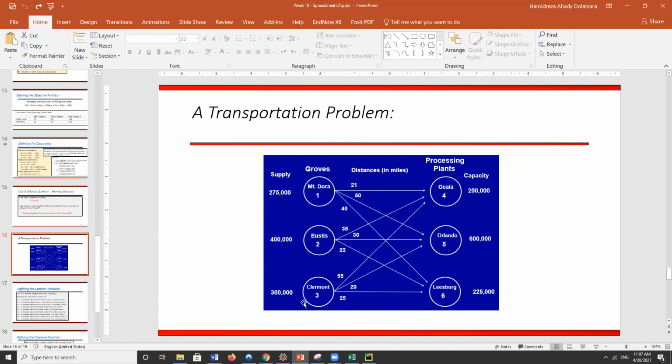And similarly for Kellermont: 55 miles to Ocala, and 20 to Orlando, 25 to Leesburg. Each group has a different supply. Mount Dora has 275K, Ostas 400K, and Kellermont 300K. We also know the capacity of the processing plants: 200K for Ocala, 600K for Orlando, and 225K for Leesburg.